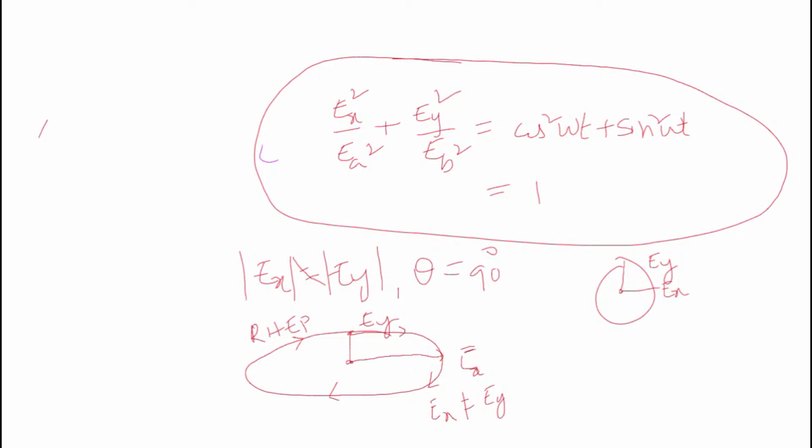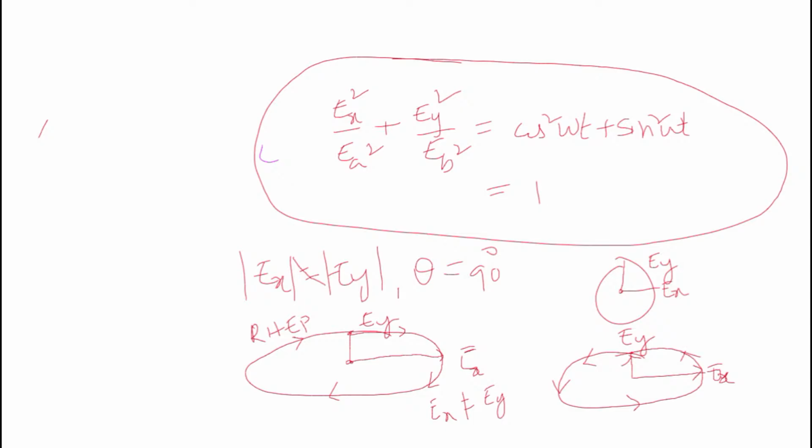This type is known as right hand elliptical polarization. Coming to left hand elliptical polarization, on the ellipse with Ex and Ey, Ey starts its journey and then Ex follows.